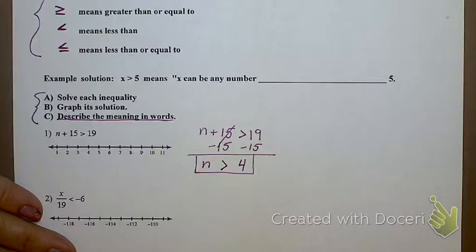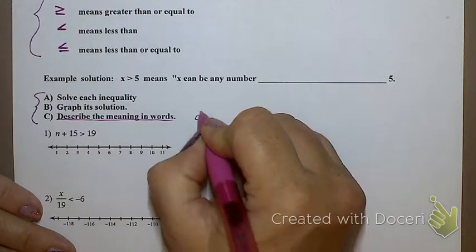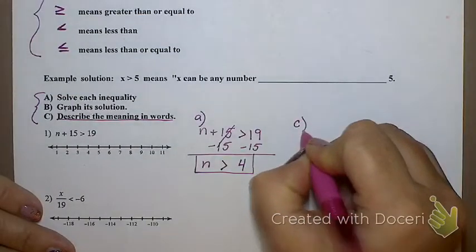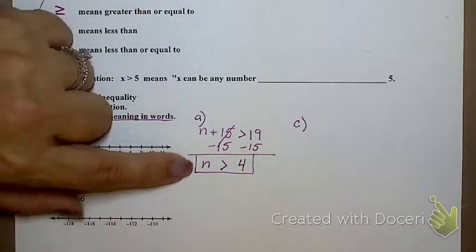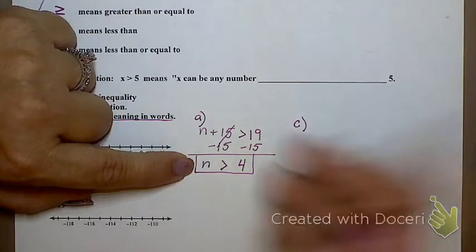Part B says graph its solution. I'm going to get to that in a minute. Part C says describe this in words. So I'm going to write part C over here. In words, what does this mean? N is greater than 4. Well, that doesn't tell me what it means. That says what it says, right?